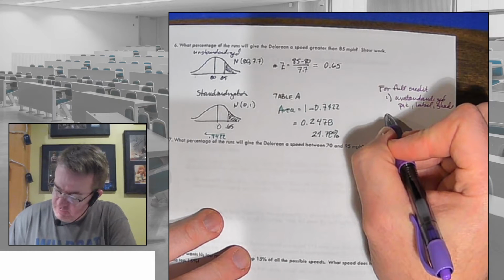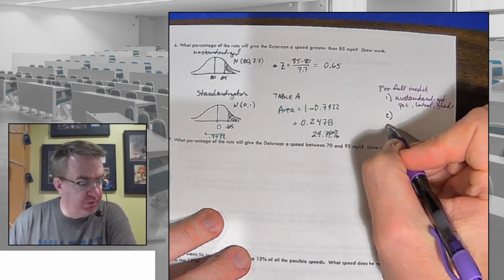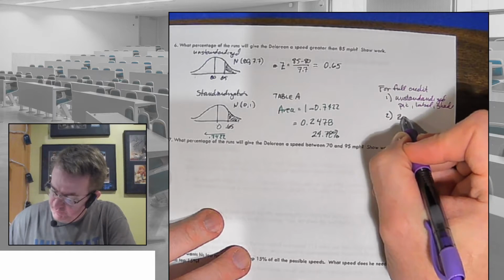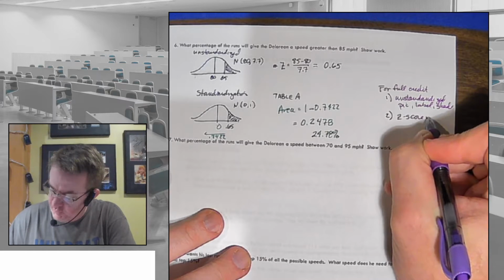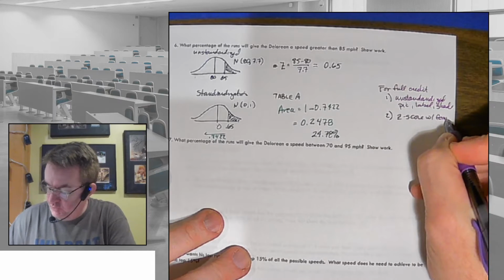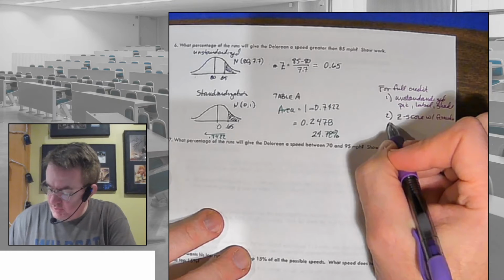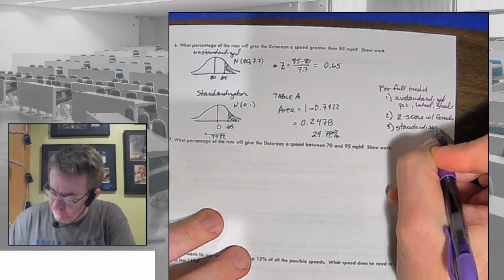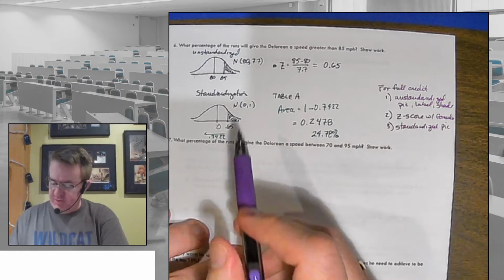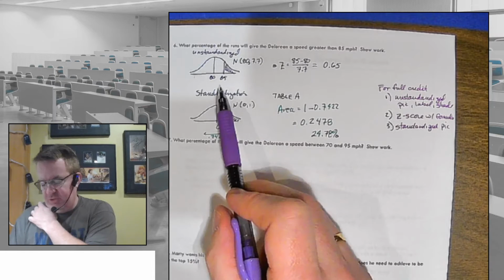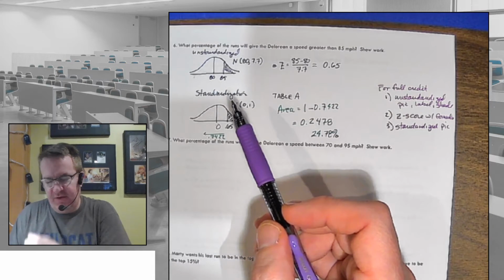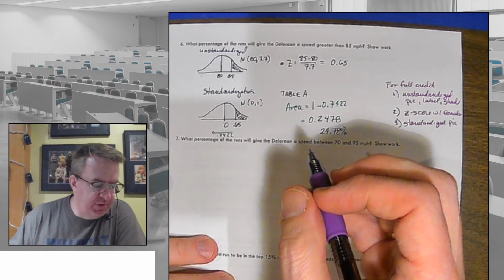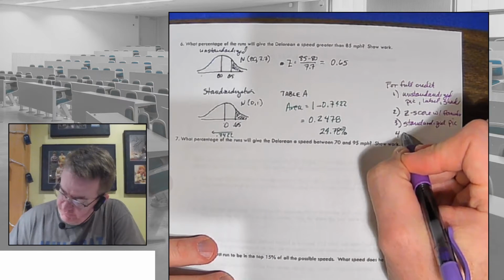I think I did these out of order, didn't I? So then z-score with your formula. No formula, not full credit. Three, standardized picture. Some people would say to switch this. The reason why I'm saying it this way is that you can't label this one down. I suppose you could just do it and then add it in later, and that's fine. I kind of like getting this part done first. And then last but not least, your final answer.